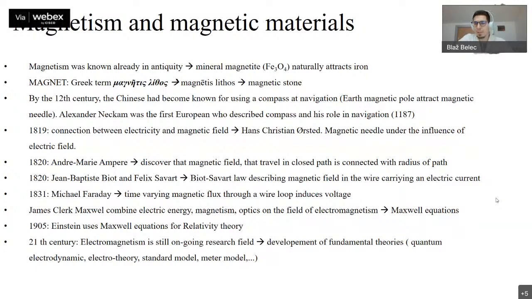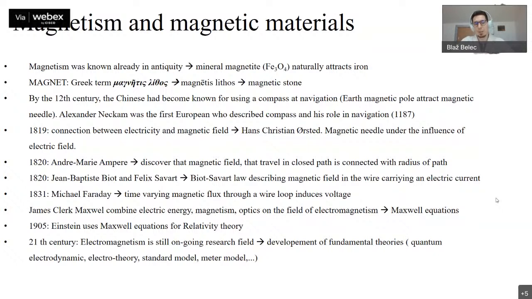Of course, the Maxwell equations were so important that Einstein also used them in the theory of relativity. And now in the 21st century, electromagnetism and magnetism generally is still an ongoing research field. We cannot imagine our life without magnets.